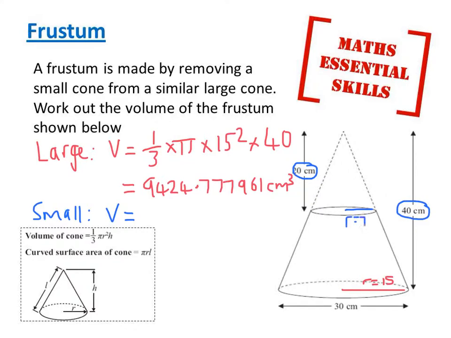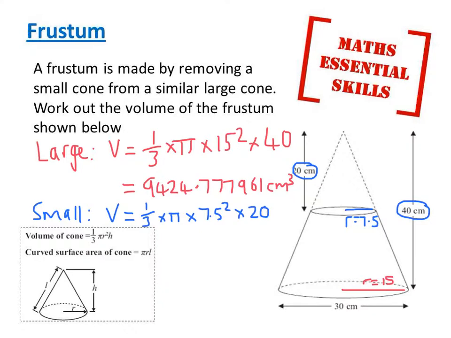Therefore, the radius is 7.5. So the volume of the small cone is 1/3 times pi times 7.5 squared times 20, by substituting into the same formula I've been using throughout this question.